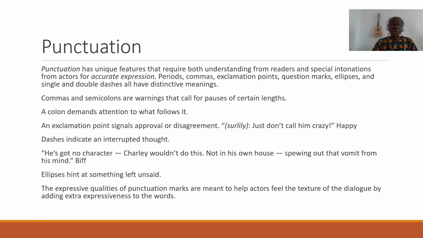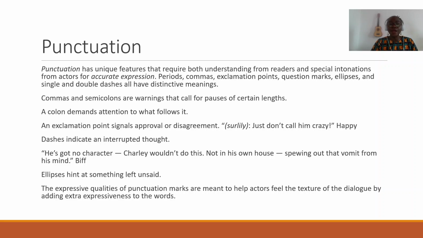Commas and semicolons are warnings that call for pauses for certain lengths. A colon demands attention to what follows. So you write something, you put a colon there, it means that you have to pay attention to what is going to follow. And then an exclamation point signals approval or disapproval.